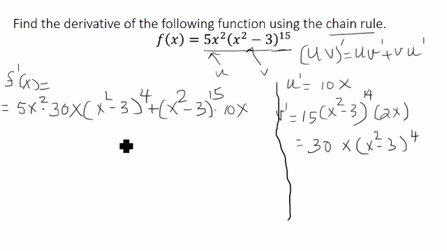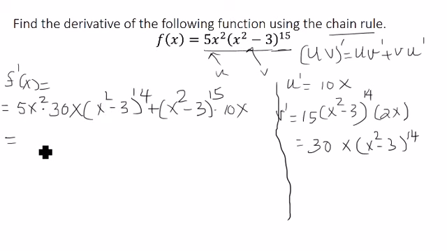Okay, that's pretty much it, and we can simplify this and make it look nicer. So we have a common factor of (x squared minus 3) to the 14. Hold on a second, that's a 14 here, sorry.